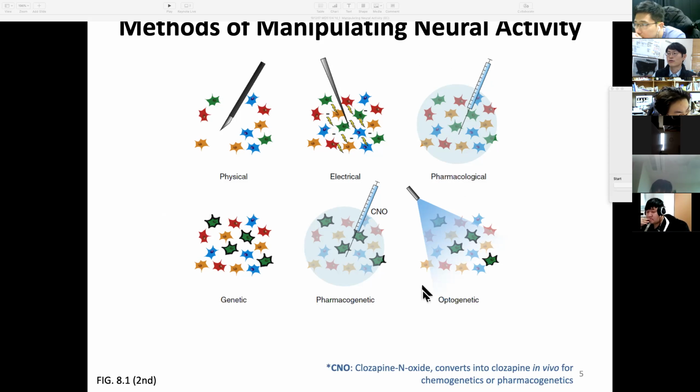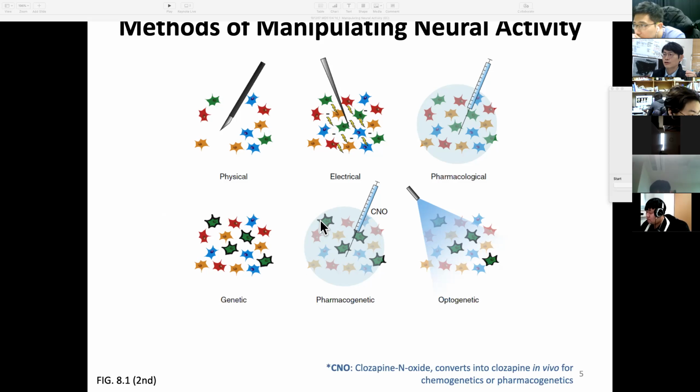On the other hand, in the lower part, you'll see genetic, genetic, genetic. Some neurons are labeled with a dark black outline. What this depicts is genetic modification, where you can select specific cell types. So you achieve specificity by using a genetic approach.